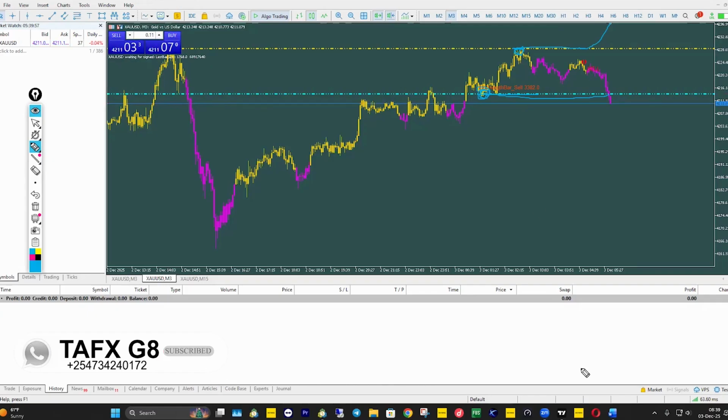The thing we talked about when we were talking about the things to expect in our video is the break of structure. The break of structure is not just a break of structure. I just want you to pay attention. It depends on the candle that broke the structure. It's very important because we are learning about gold.